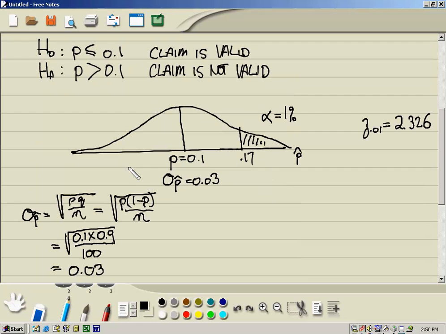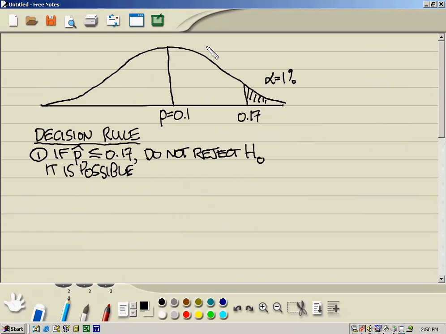Let me switch back for a second and show you what we had for the null. It's possible, therefore, that the claim is valid. So if you get a sample value less than 17%, we're in the realm of normal sampling error for the claim to be possible.